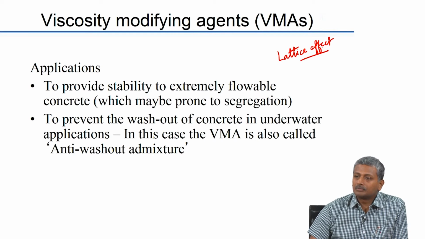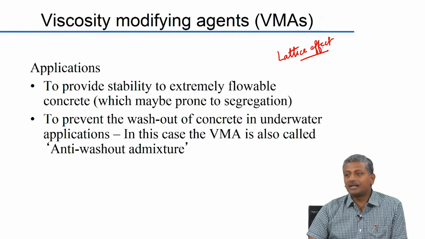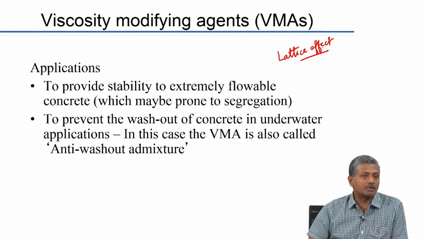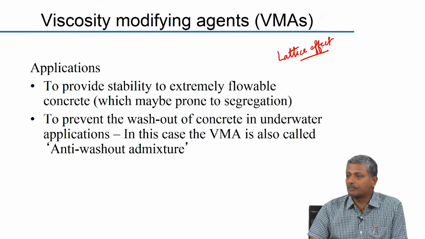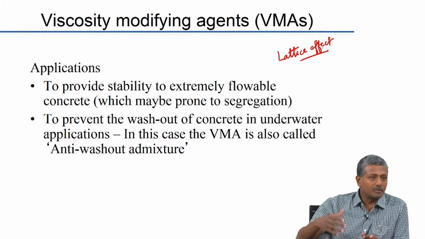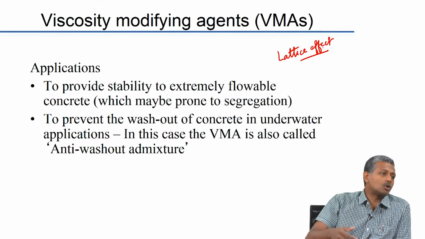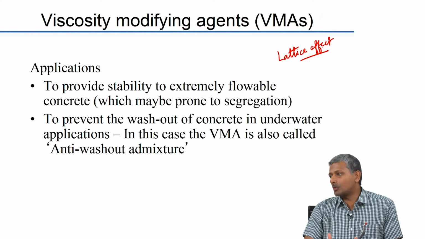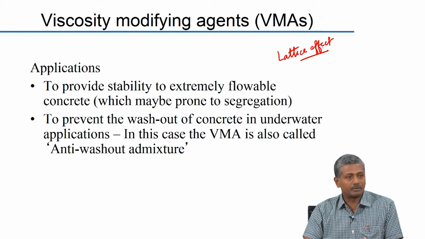Okay. Now, in the past, when VMAs were originally developed, the first use of these was as anti-washout admixtures. So, you know very well that in certain applications the concrete has to actually interact with water. For example, in tremie concreting, right, when you do tremie concreting for a pile, there will be water inside the pile. So, when you do the concreting, water has to get displaced by the concrete, and the concrete should be of such quality that the water does not mingle with the concrete and wash it out.